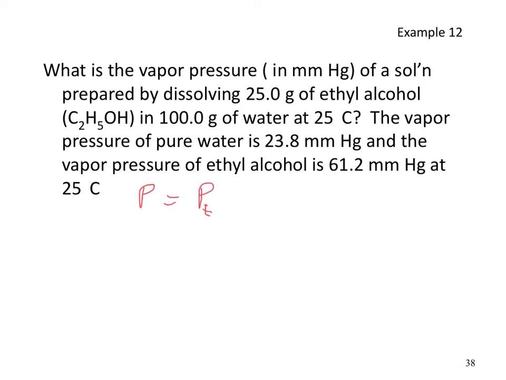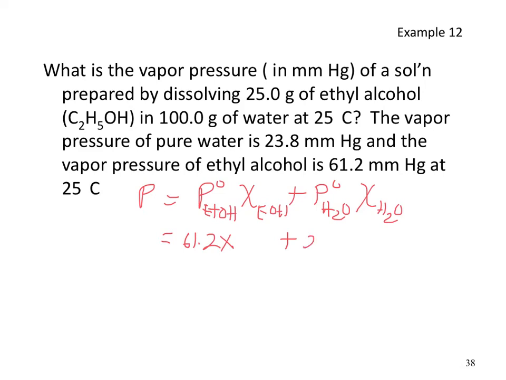You have ethyl alcohol and you have water, H2O. The P naught numbers are given. For ethyl alcohol, it's 61.2, and for water it's 23.8.